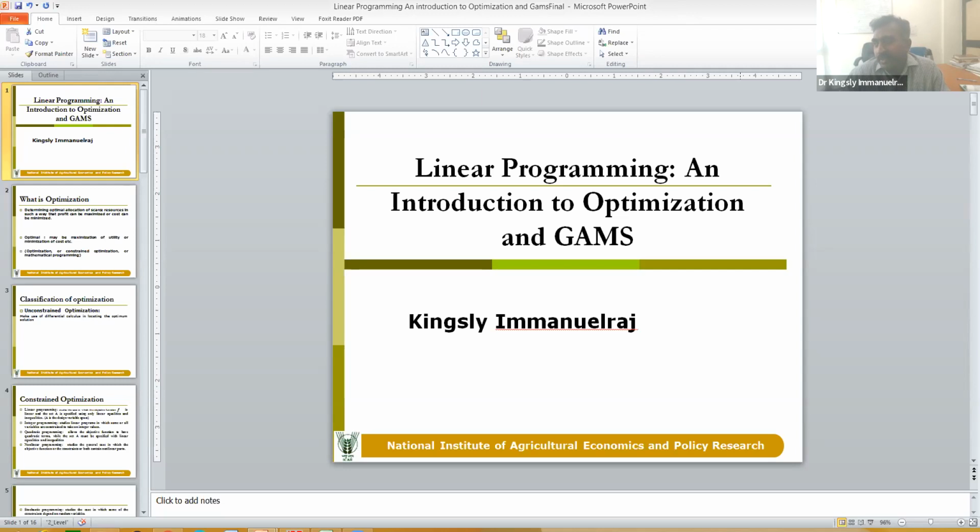So the language differs. If you take any partial equilibrium models, any simulation models, mostly they depend on this kind of programming. I would say not linear, but they may be non-linear. When we talk about programming, there are so many things that come, but everything has a starting point, like bivariate regression.